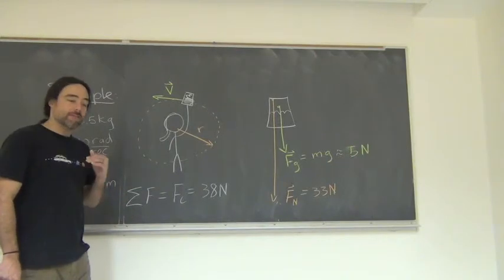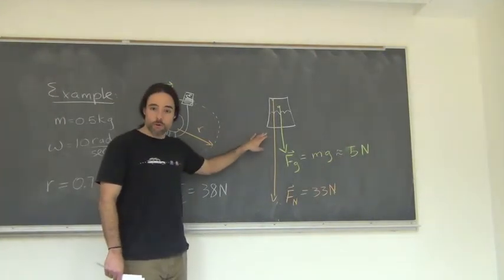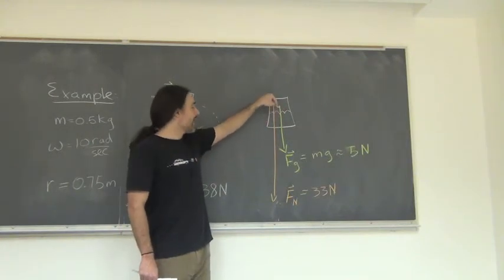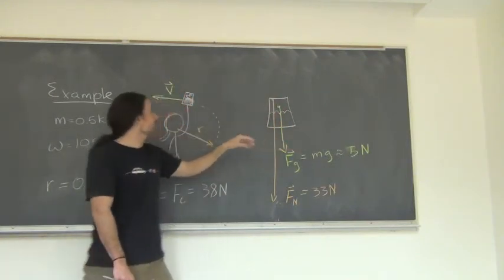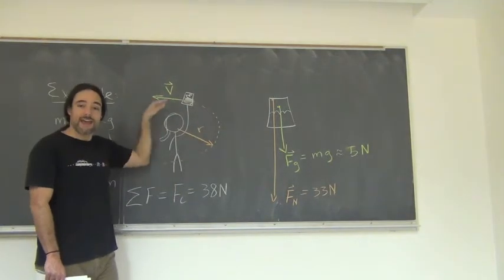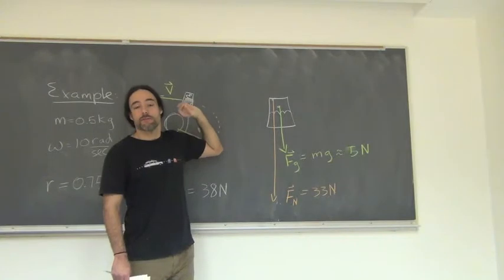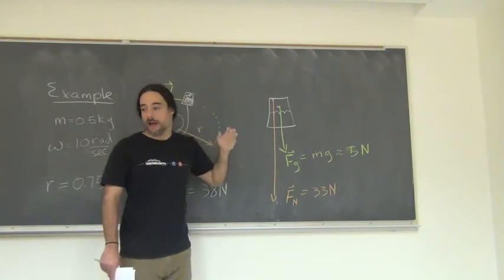What would happen if I did not have that normal force? If I didn't have the normal force, I would not have a big enough force pulling down on it to make it curve in a circle that had that radius. So the water would go flying out the top of the glass.